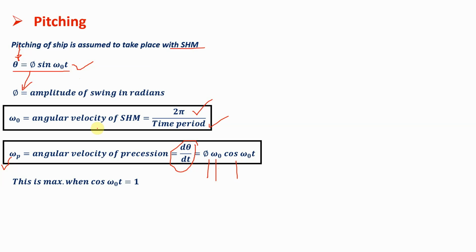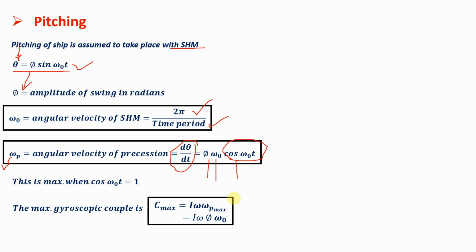Now omega p will be maximum when cos of omega 0 t is maximum, that is when cos of omega 0 t is equals to 1. So we can say that omega p max is equals to phi into omega 0.